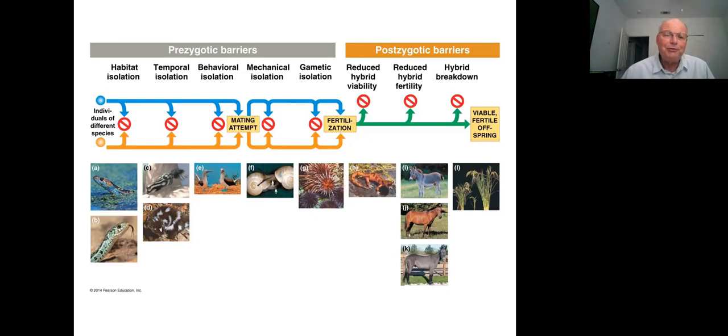They cannot produce viable sperm. And because they can't produce viable sperm, there's no way that a male mule can mate with a female mule to produce more mules. So you have reduced hybrid fertility, or you have zero hybrid fertility here because they're incapable of producing offspring. So horses and donkeys remain separate species, even though they can produce viable offspring.